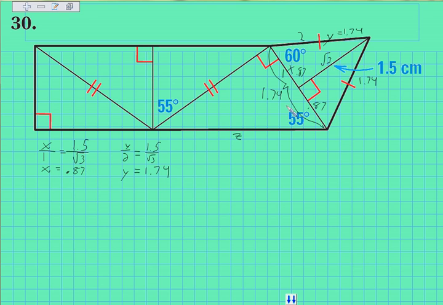I know that relative to the 55, this is my adjacent side, and this is my hypotenuse. So I can say that the cosine of 55 is equal to 1.74 over z. Solving, I know that my variable's in the denominator, so z will end up being 3.02. Okay, write that in here.